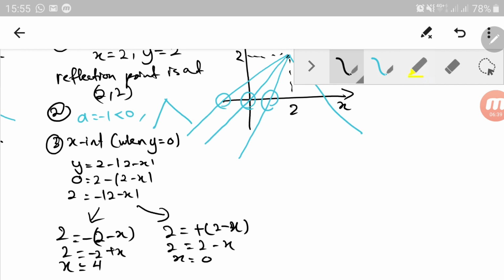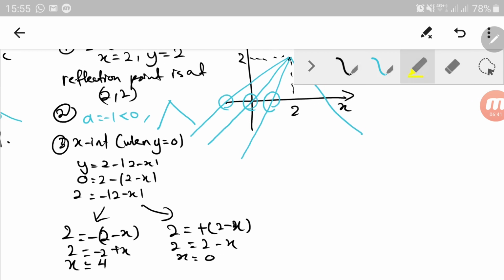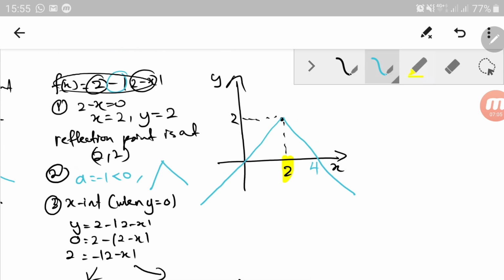As you can see here, since this is 2, this is clearly 4, on the right hand side of 2. So 4 is done, we put it there already. Now where to put 0? So 0 is clearly the middle one, so we can get rid of this. So this is the correct line for the function. We can label our function as f(x), and there you go.